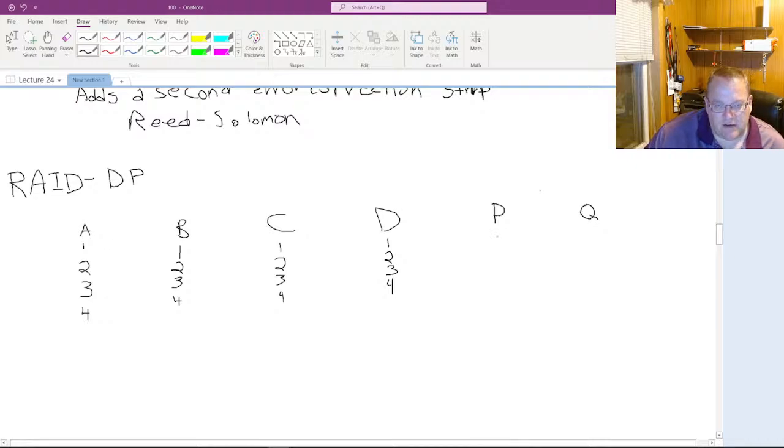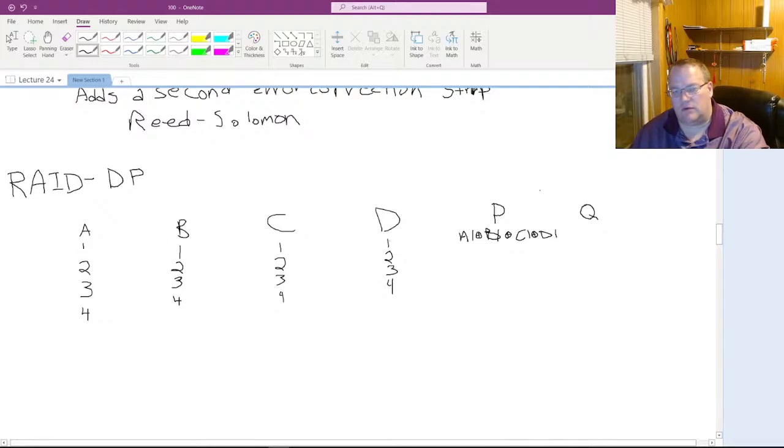Okay, so this one here, this will be A1 exclusive OR B1 exclusive OR C1 exclusive OR D1. So it looks across here, which is what we saw before, right? And if we wanted odd parity, we would then have to do an exclusive OR with a 1 at the end just to make it work.